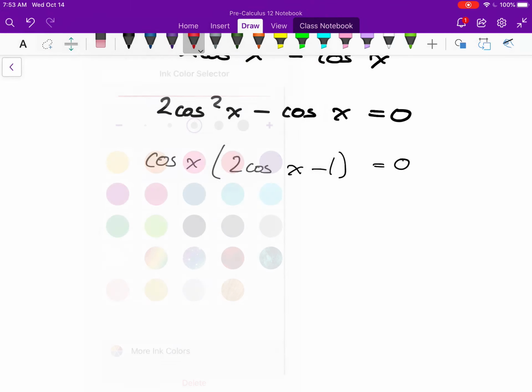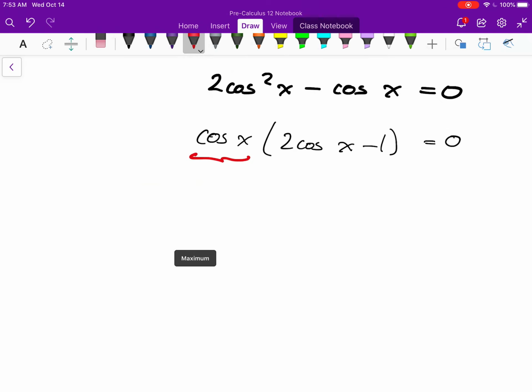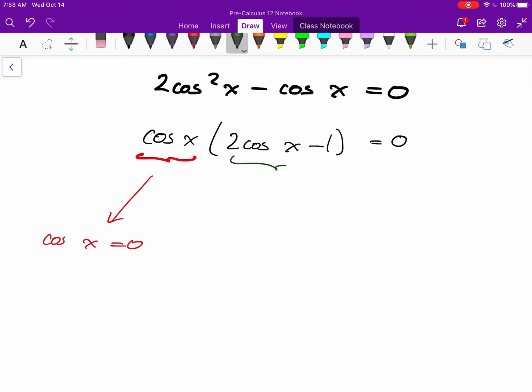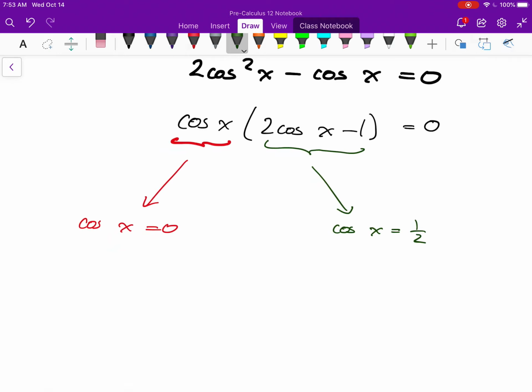If I look at this, I have to think about where cos of x equals 0. And if I look right here, I have to think about where cos of x equals 1/2. All of these relate back to special angles where cos equals 0 or cos equals 1/2, so we shouldn't need a calculator here.